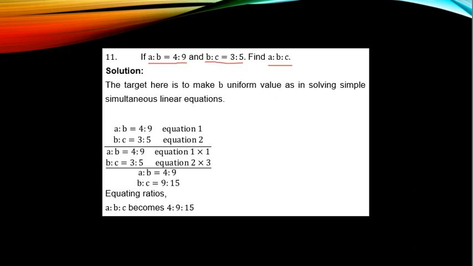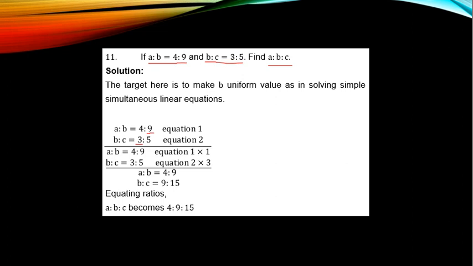So you call the first expression equation 1, the second one equation 2. Look, B is 9 in the first expression, B is 3 in the second expression. So to make B uniform, you have to multiply equation 2 by 3 in order to change that 3 in equation 2 to 9.